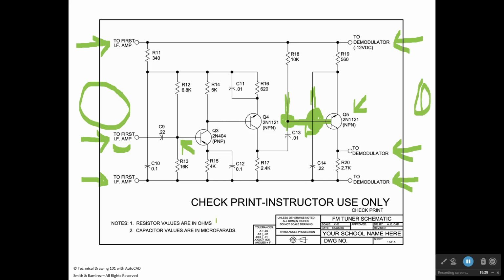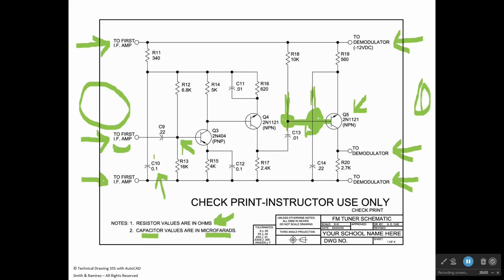Now, the other thing you want to be sure that you put in here is two notes. One of the notes says that the resistor values are in ohms, and that the capacitor values are in microfarads. So what you see right here, we have a capacitor. The number of that capacitor is called C10. The correct term for that is a reference designator.